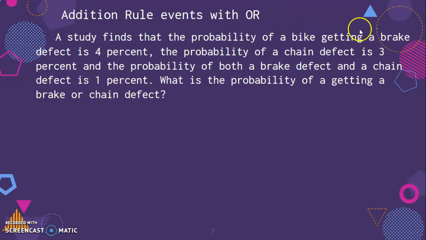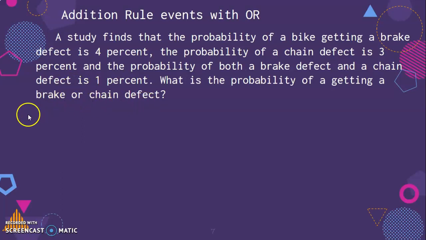So we have the probability of one thing, a brake defect, the probability of the other thing, a chain defect, and the probability of both. So those, remember, are our 3 pieces to the non-mutually exclusive probability addition rule.